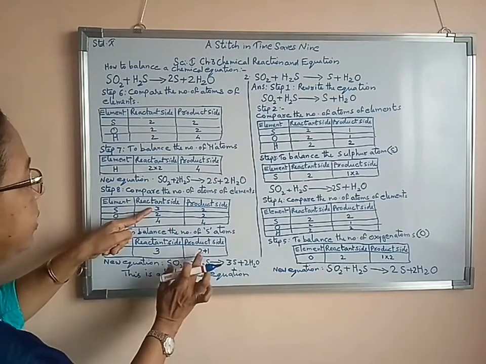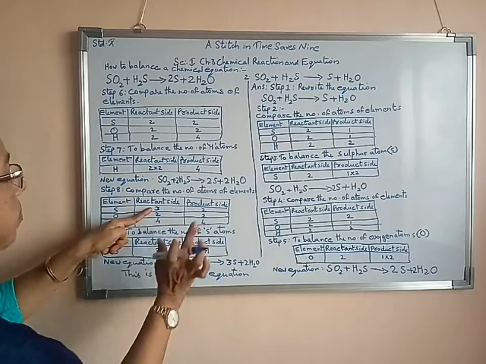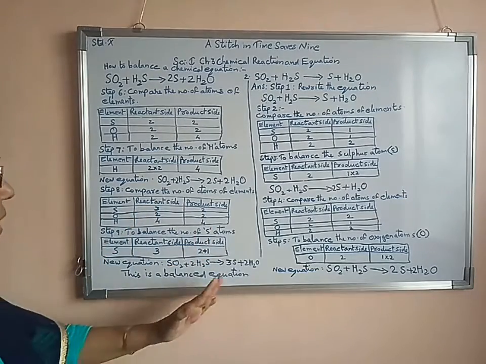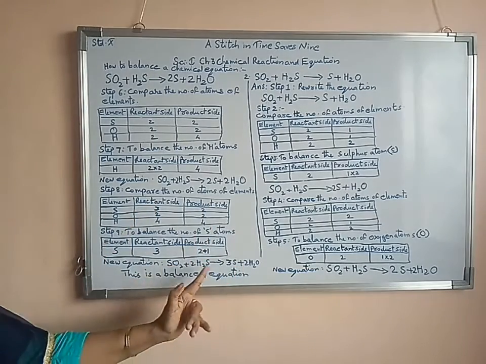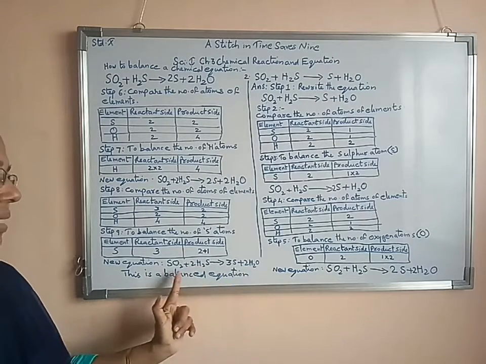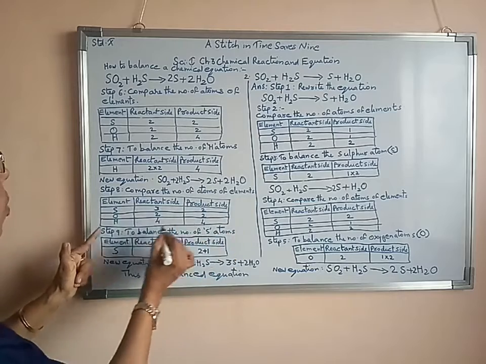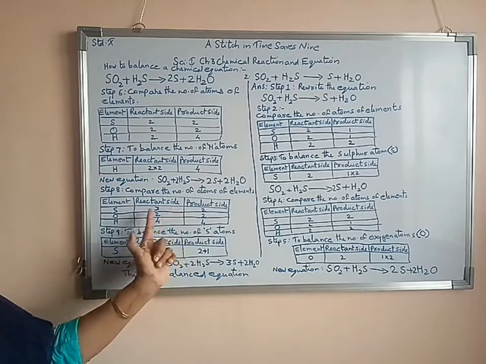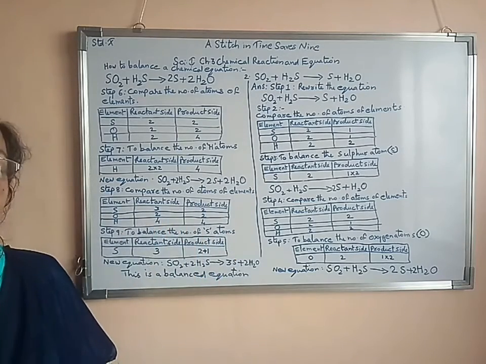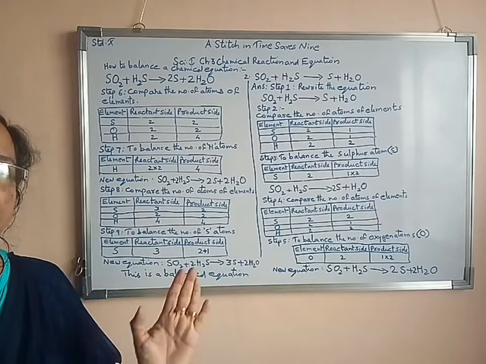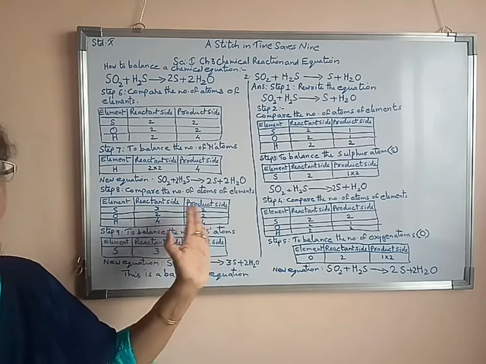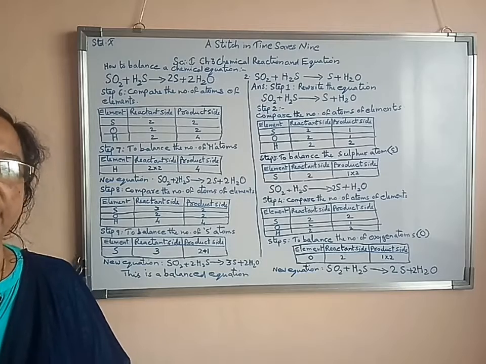Sulfur here 3, and this place we made 3. So everywhere it is now equal, so we can say that this is the balanced equation. If you want to compare, you can make the column again in the same way and you will find equal numbers of atoms at the reactant side as well as the product side. Thank you.